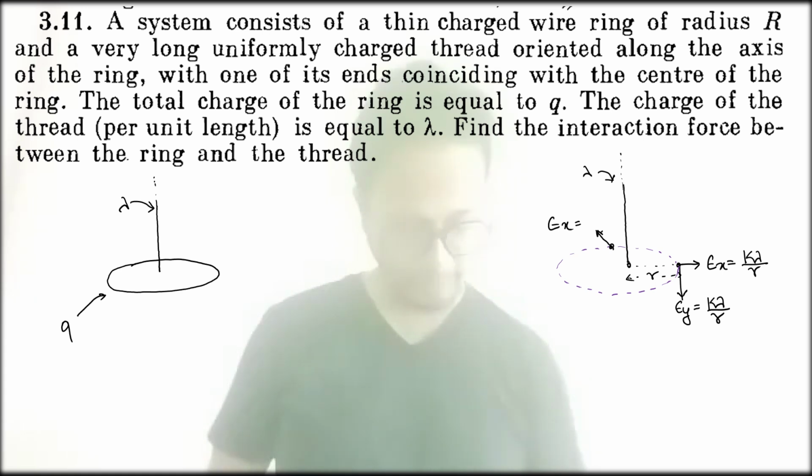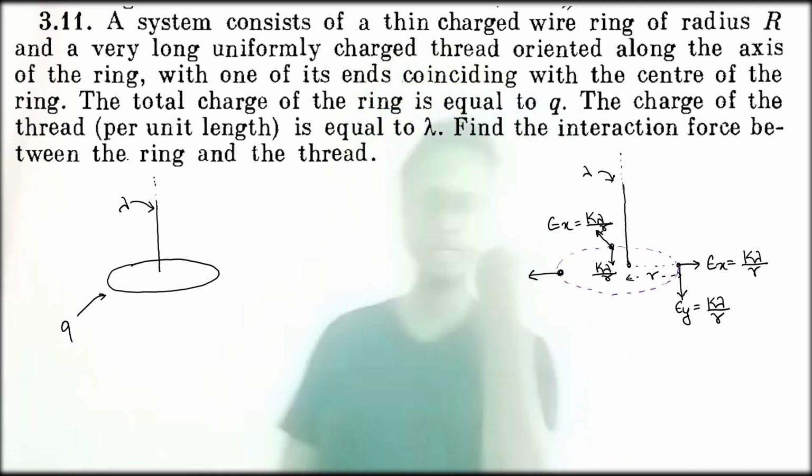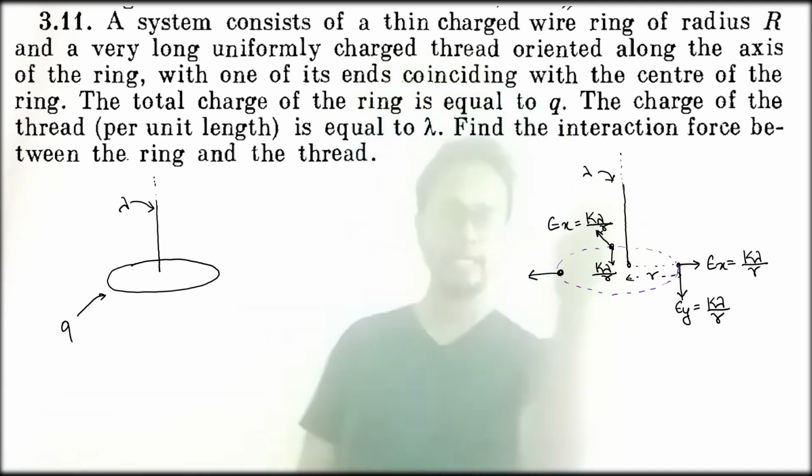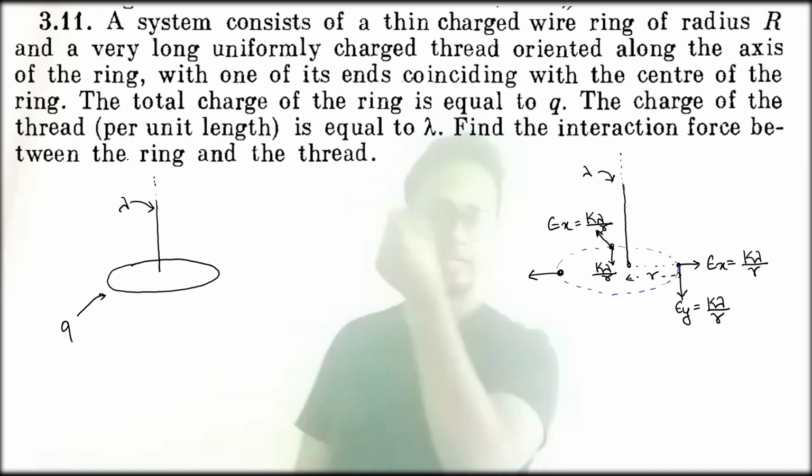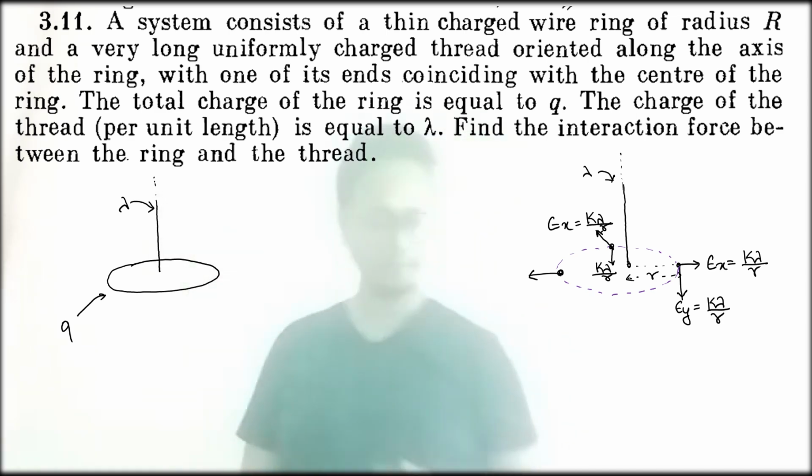So Ex would be K lambda by R, and Ey would be K lambda by R. Similarly out here, for a ring, the Ex component would be in this direction.